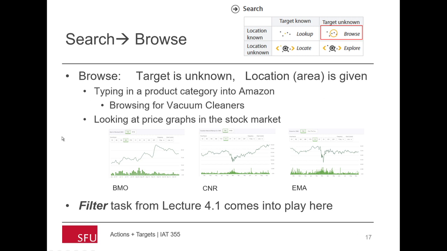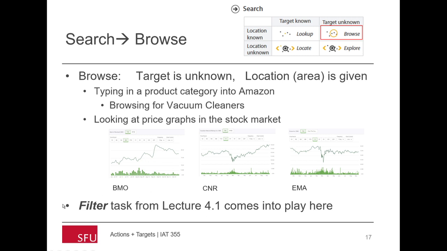So here's an example of recent price graphs for Bank of Montreal, Canadian National Railways, and Emera. And each of these stocks has had some kind of performance over the last few months. But what you might be browsing for, for example, is a stock that has performed well, or a stock that hasn't had a big dip in price, or some other thing. You don't necessarily know what that stock is, but it's on the stock market. And therefore, you know where to look, but you don't know exactly which one you're looking for.